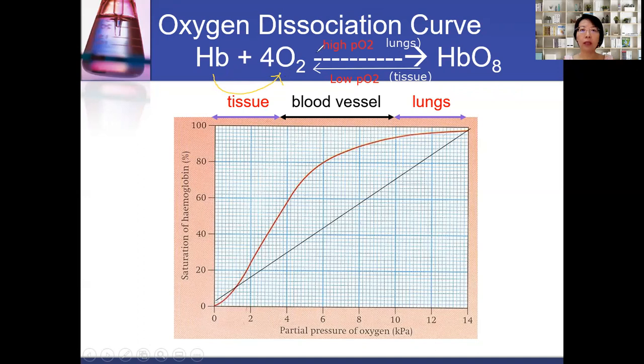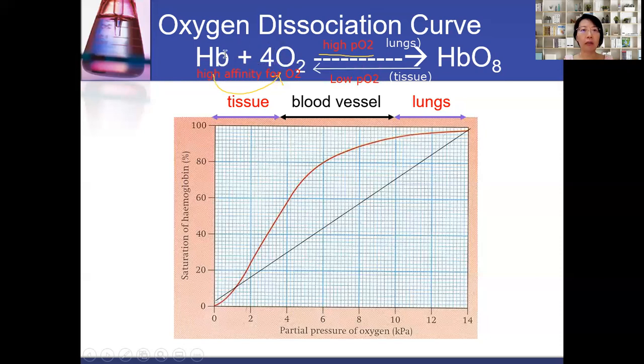So when there's high partial pressure of oxygen, hemoglobin will tend to pick up oxygen so that the reaction moves forward. Therefore, we describe hemoglobin as having high affinity for oxygen.